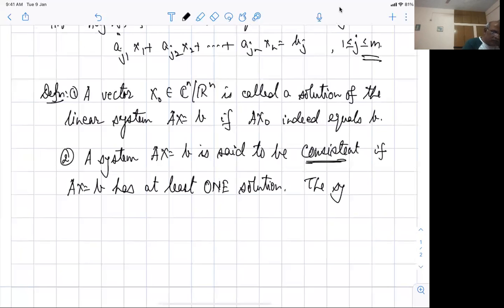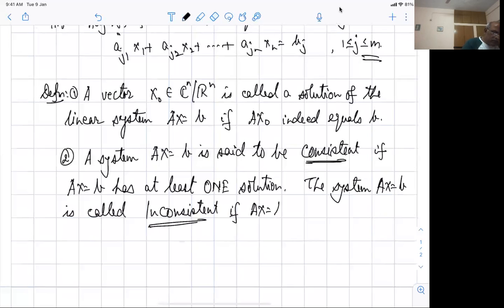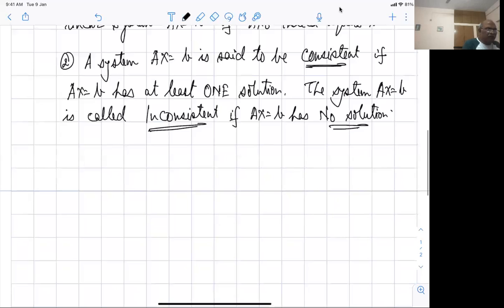The system Ax = B is called inconsistent if Ax = B has no solution. We've already looked at certain examples where it has a solution and where it does not, but let's look at some more examples to have better clarity of things.